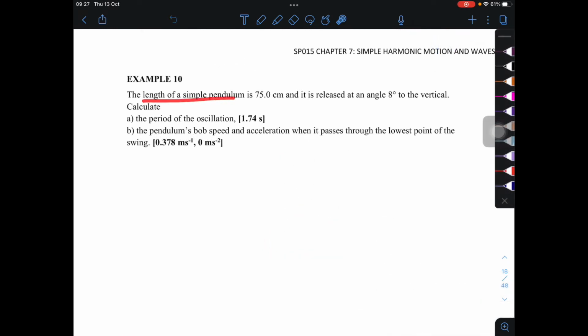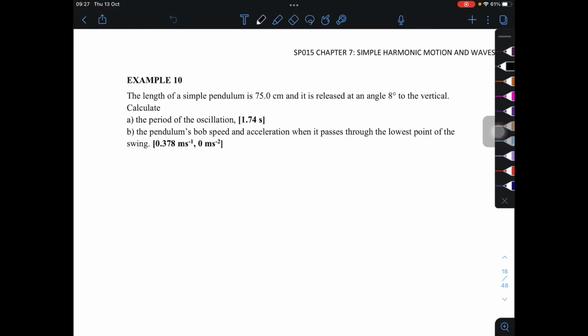The length of a simple pendulum is 75 centimeter. It is released at an angle of 8 degree to the vertical. Calculate the period of the oscillation, the pendulum's bob speed and acceleration when it passes through the lowest point of the swing. So first let's draw the pendulum here.